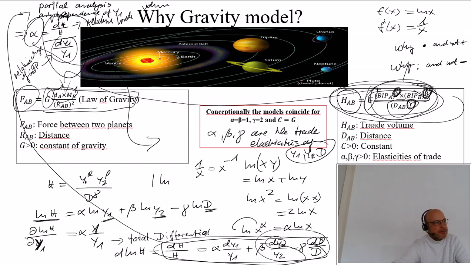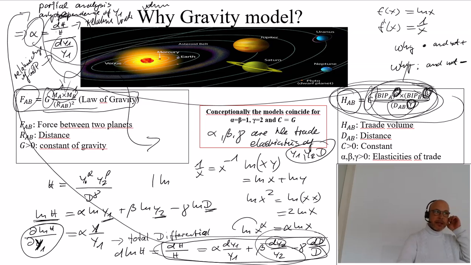Then this function translates into a sum of the log variables with the coefficients alpha, beta, and gamma in front of these log variables. And this log derivative, where did I do it?